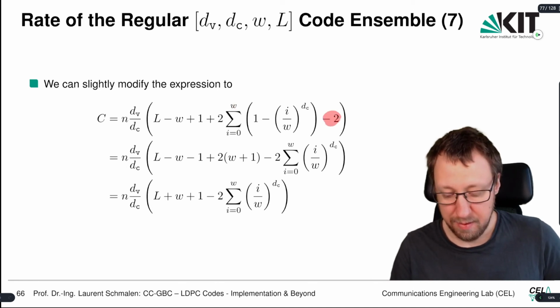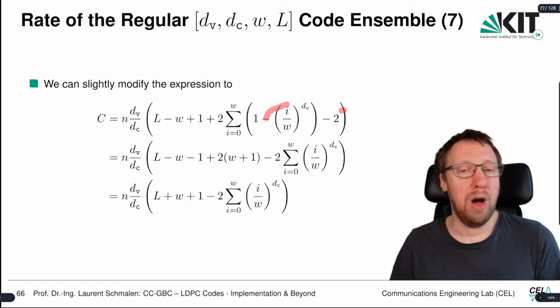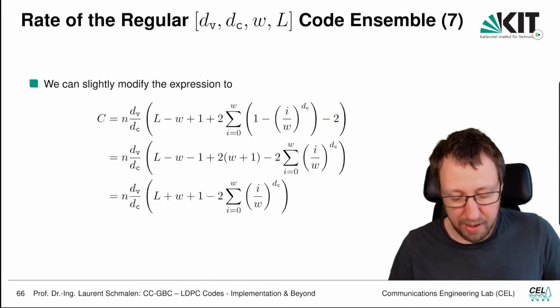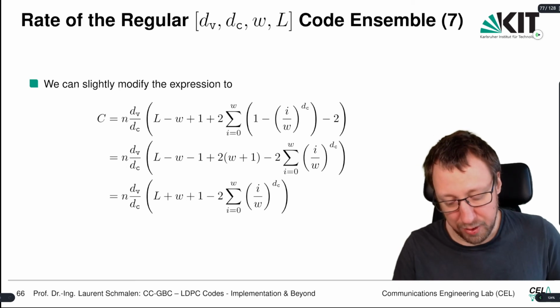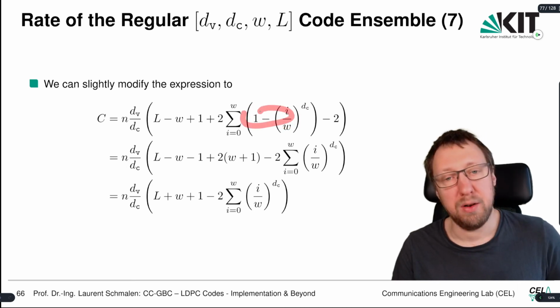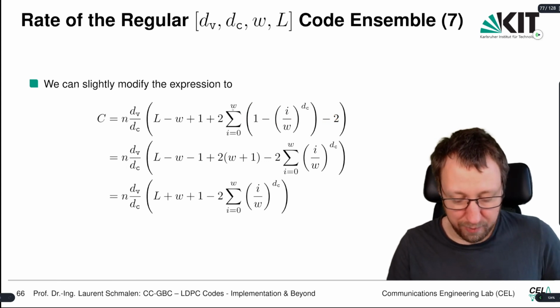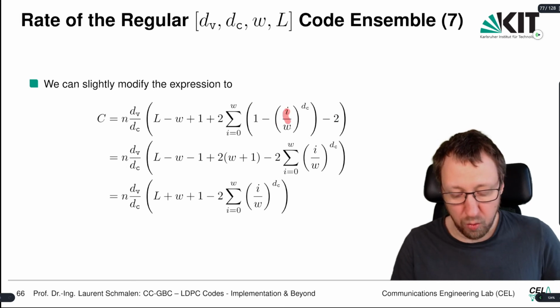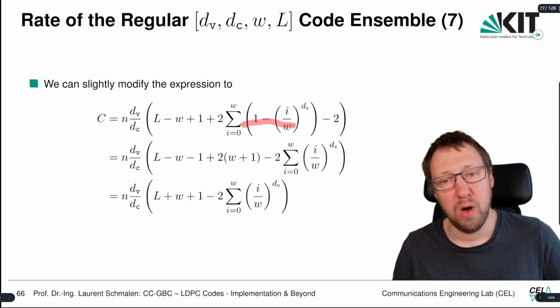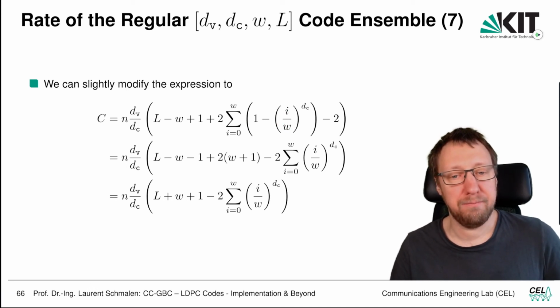This is just minus 2, because in both cases the expression inside will be equal to 1. Or actually, sorry, in the first case, when this term is equal to 0, the summation will be equal to 1. We have it 2 times, so we need to subtract 2. In the case for W, this will be 1 to the power dc, which is 1, and 1 minus 1 will be equal to 0, so it doesn't have an effect.